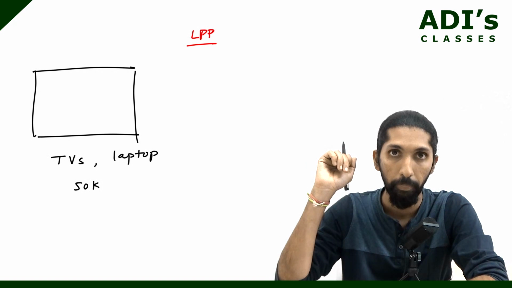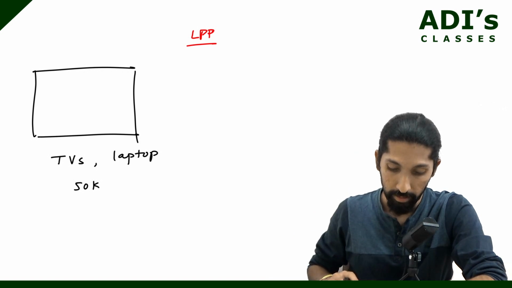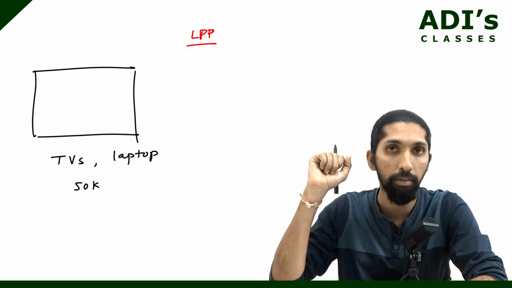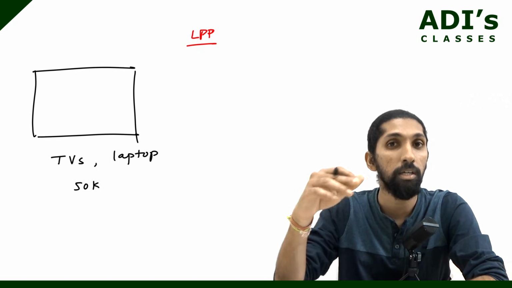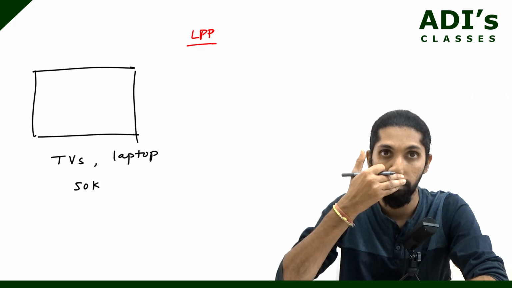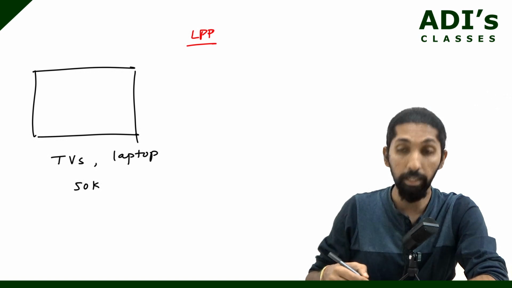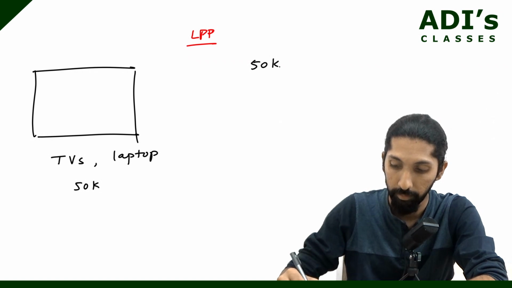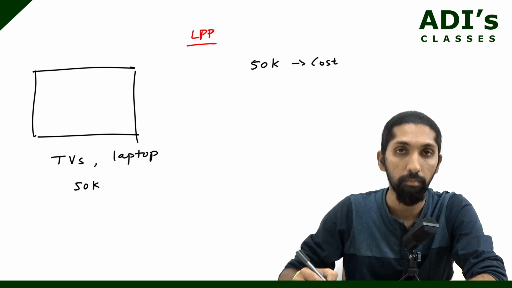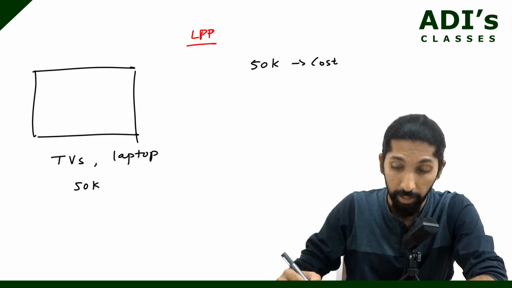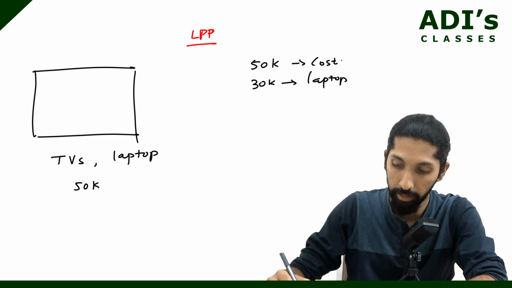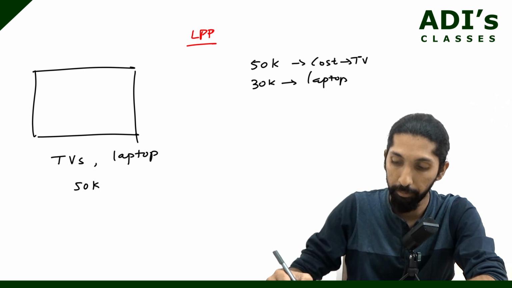A normal TV on an average costs a little more than a laptop. Let's say a TV costs around 50,000 on an average, and a laptop is about 30,000.